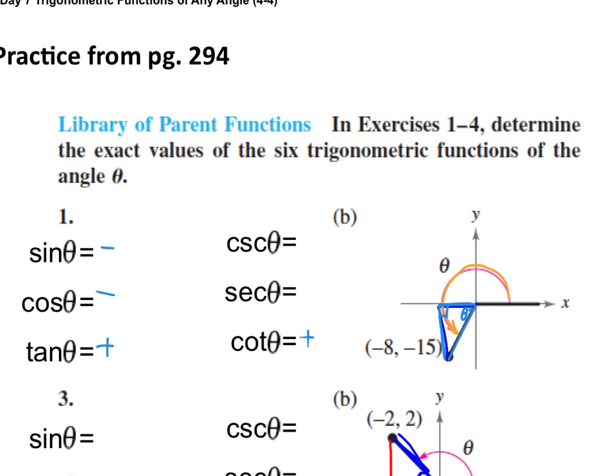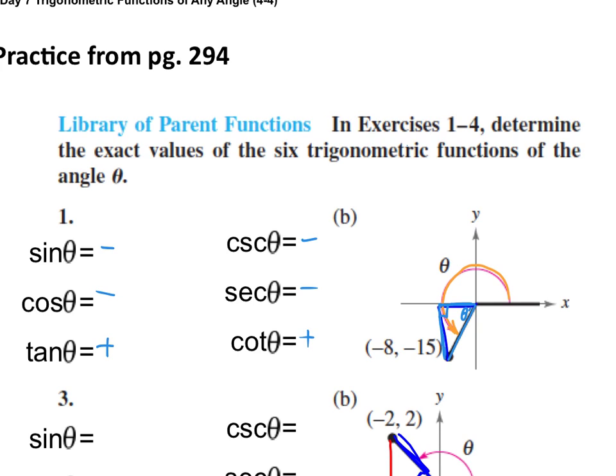If sine is negative, cosecant is negative. And if cosine is negative, secant is negative. So all the signs are taken care of, and the nice thing is now I can just think about my right triangle and not worry about the negatives anymore.